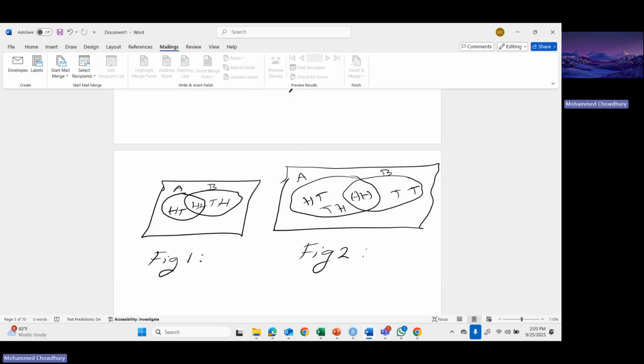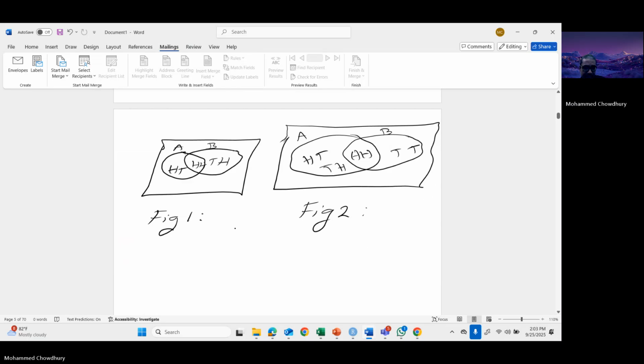How can I do that? In figure 2, if you compute A and B, then you will see 1 over 4.